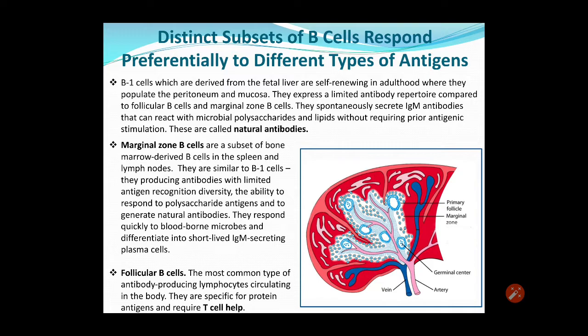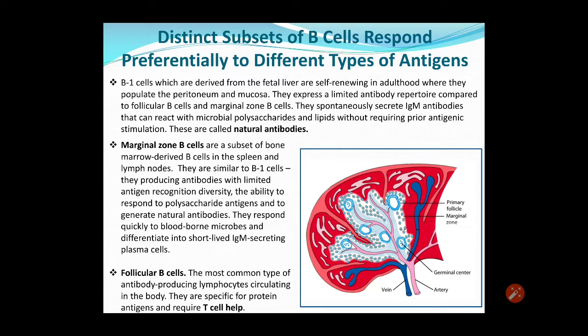They're quick to respond, but the antibodies they have, because it's IgM and pentameric, it's got high avidity, so it can just trap microbes once it encounters them. The strong high affinity antibodies are produced by these B cells, which are called follicular B cells.